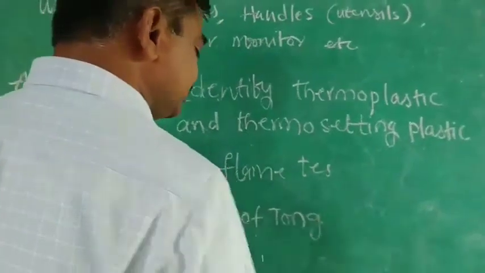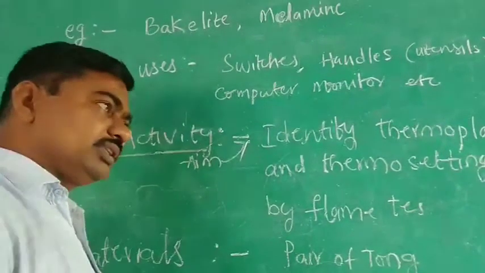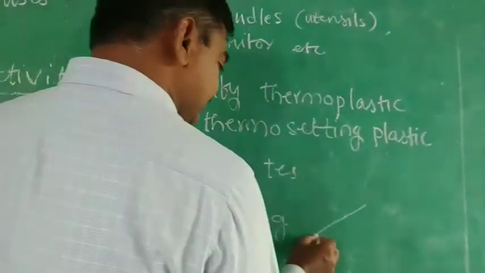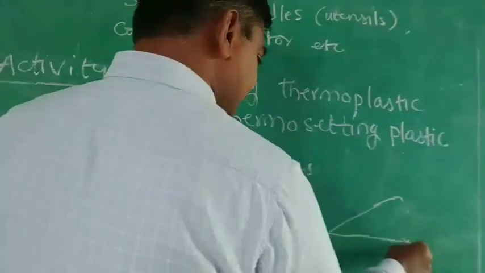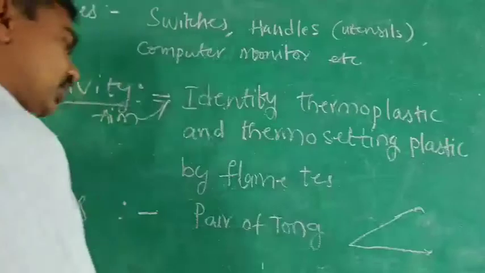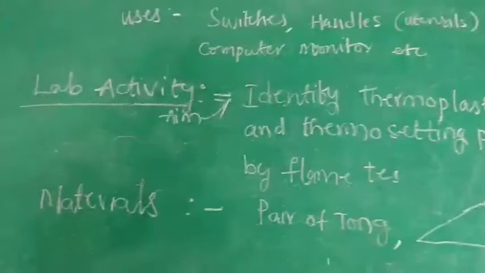Tongs, in Telugu you call it chimta. It has two long handles like this, and here it will be like this. Whenever you press it, it will hold things. That is called a pair of tongs. You need the tongs.